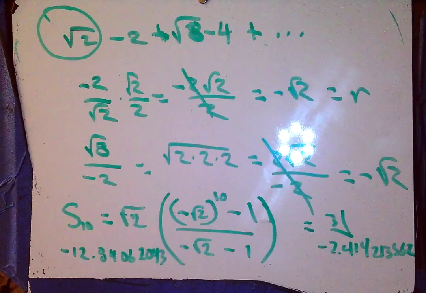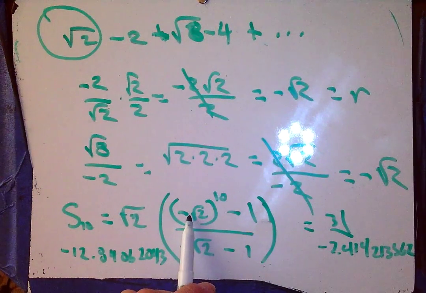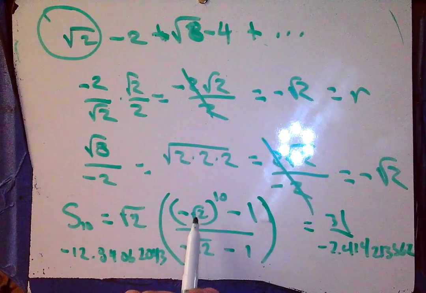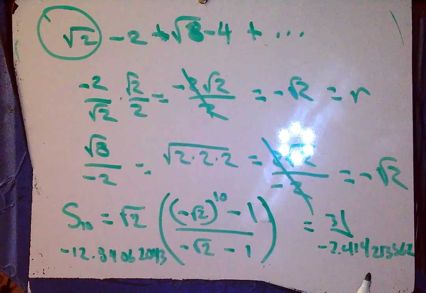Negative though. Did I make a mistake? Shouldn't this be negative? That's positive. And on the bottom, that's negative. I get negative. Ooh, did I multiply times that root 2? No, times square root of 2. Oops. Times square root of 2.